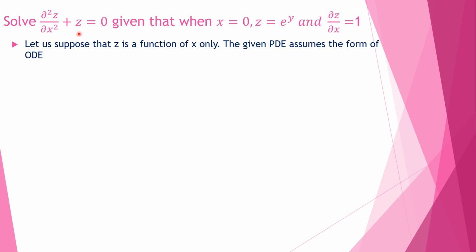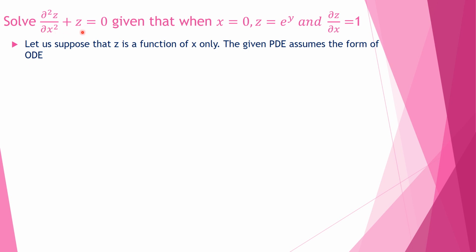So direct integration is not possible because we don't know the expression for z. The integral of z is unknown, so you cannot use the direct integration method which we applied for the solution of non-homogeneous partial differential equations. So we have to apply another method which I'll be explaining here.